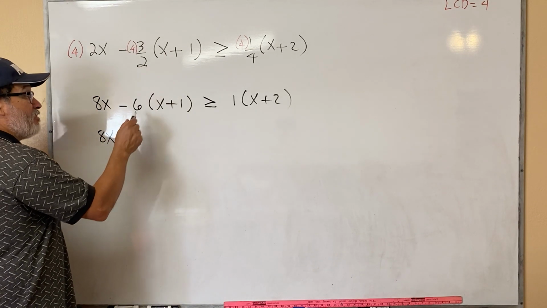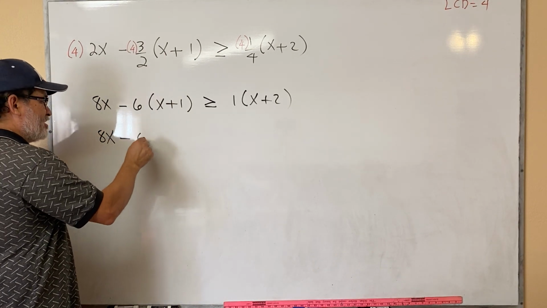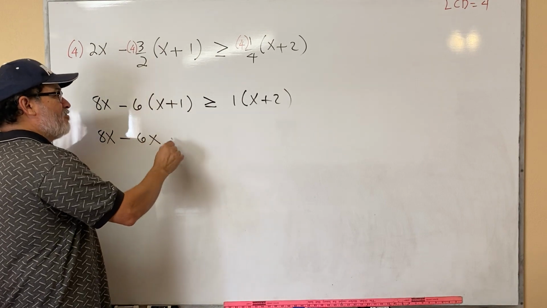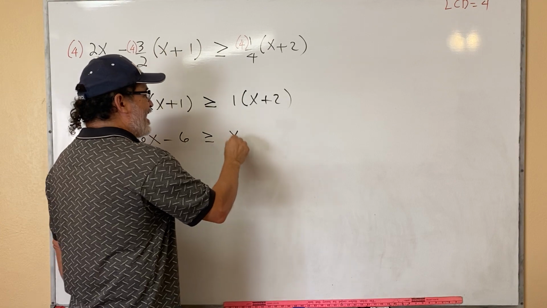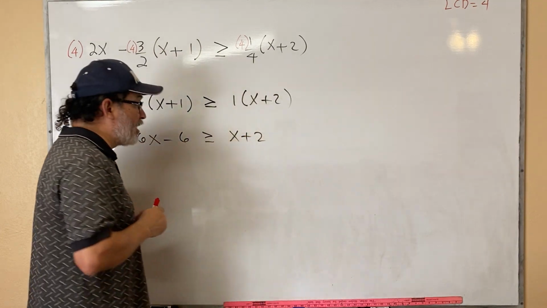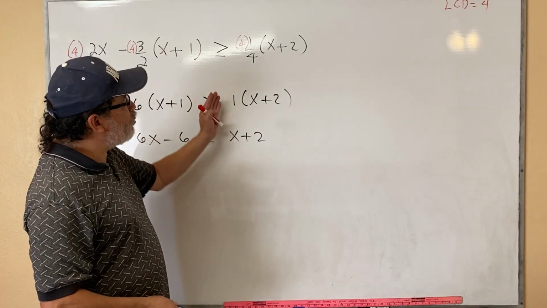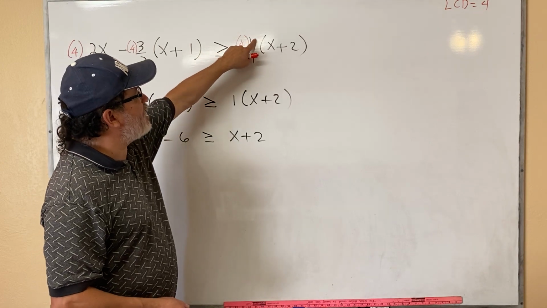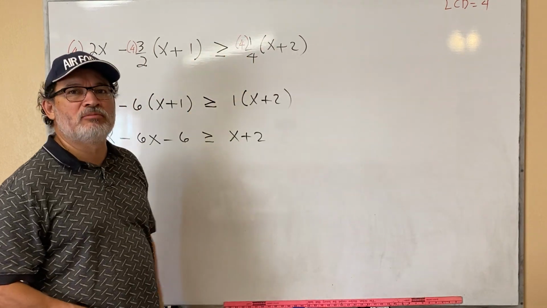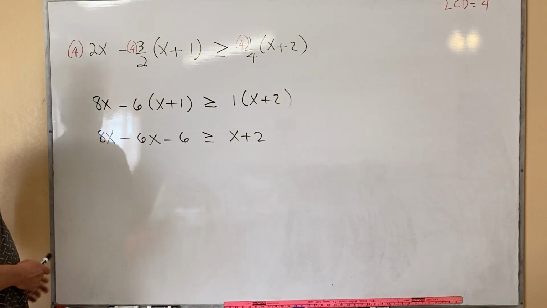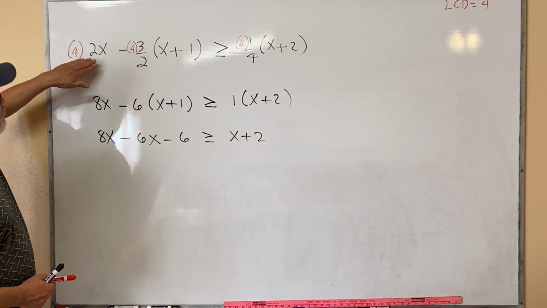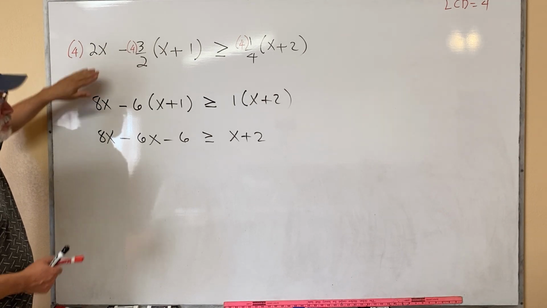8x minus what? 6x minus 6 greater than or equal to, distribute, x plus 2. By the way, when this 1 goes in, the 4 times the 1 divided by 4, they all go in also. That's how we got a 1. Okay. Note, I started with this inequality.